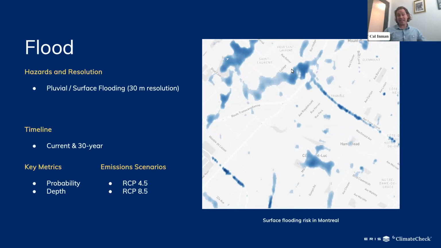And that gives us key insights to what is the probability of a flood happening on an individual property and what is the depth. We look at this risk today and then in the future, 2050. And so we can understand what's the risk today, and then with climate change into account, what's the risk in the future.